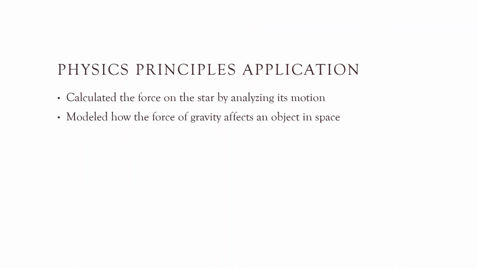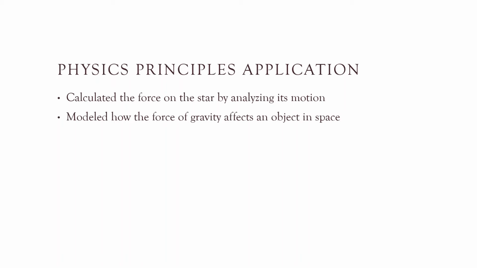Through the computer model, we were able to see the physics principles in action. I was able to calculate the force on the star by analyzing its motion starting from its velocity. I calculated change in velocity, calculated change in momentum, and then change in momentum over change in time, which I was able to say equals net force, thanks to the momentum principle.